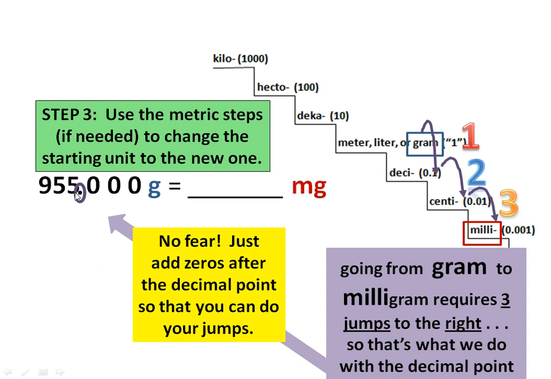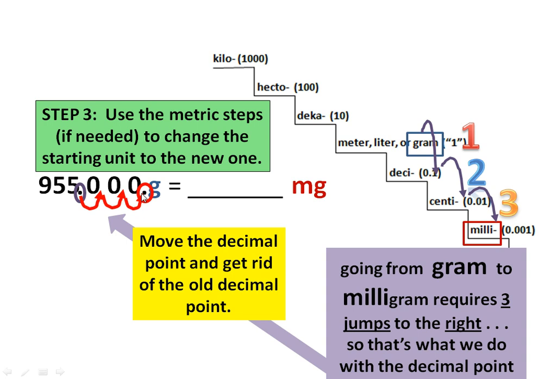So here's our starting decimal. We're jumping it 1 to the right, 2 to the right, 3 to the right. Add in our new decimal, but we get rid of our old decimal, right? We don't have 2 decimal points in our number. So all we have to do now is transfer our number with the new decimal point over to our answer line.